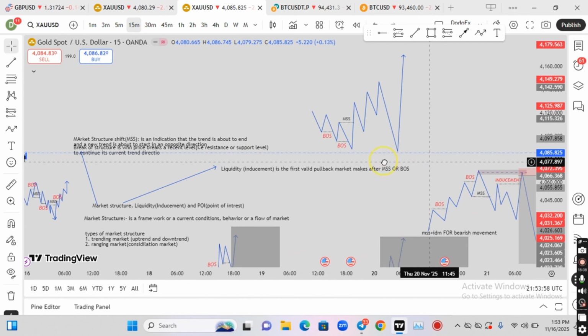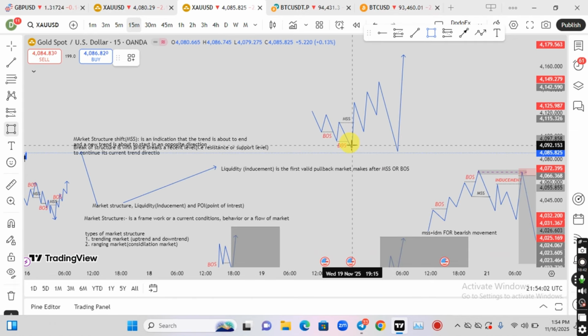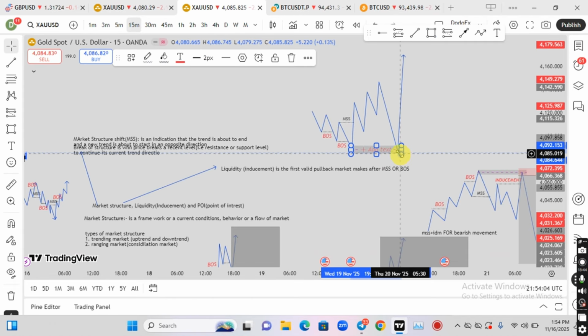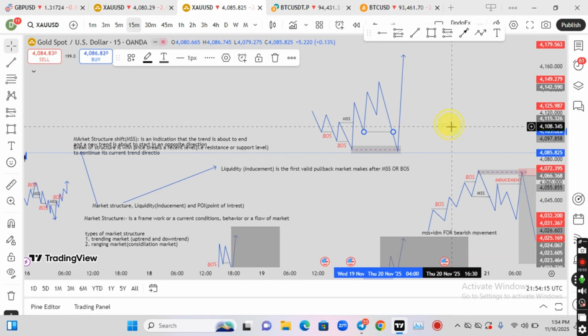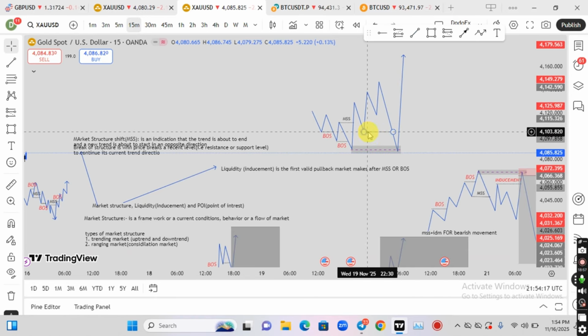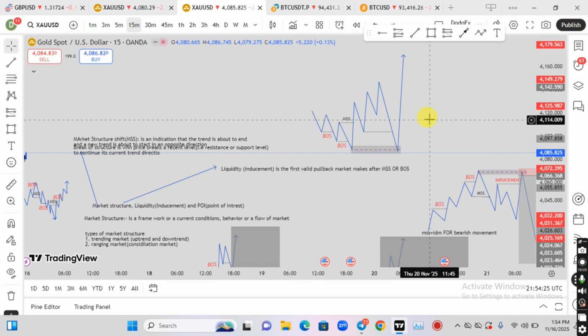We're looking for the bullish part now. So price comes back here to my point of interest. The first pullback after the market structure shift is what is called the inducement or liquidity. Understand, right? Some people will pick their entry here, but they don't know they are being trapped. This is where smart money will trap them and then take them out. Then it respects this zone before it moves.